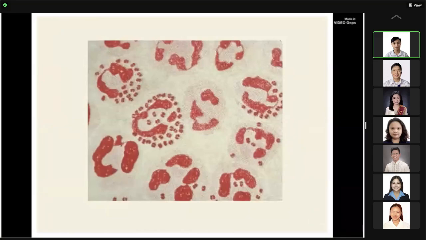So here you have gram-negative cocci in pairs. Commonly, we say diplococci. So gram-negative diplococci in pairs intracellularly located. Because if they are located outside the cell, these pus cells, it's not a true infection.